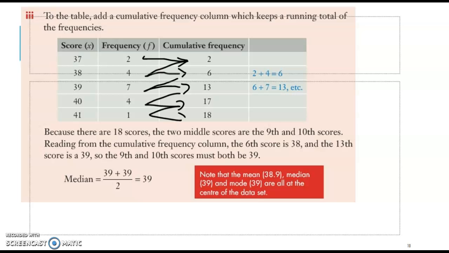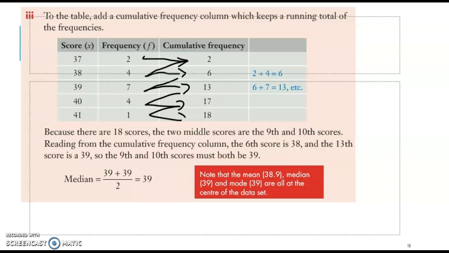So we're looking for where the 9th and the 10th scores are. My first 6 numbers are taken up with the scores 37 and 38. That means the 7th, 8th, 9th, 10th, 11th, right up to 13th score is number 39.